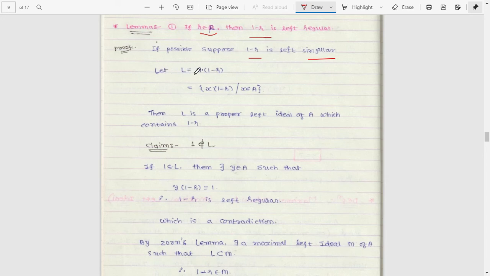Let L be equal to A into 1 minus r, which is equal to x into 1 minus r such that x belongs to A. Then L is a proper left ideal of A which contains 1 minus r. Claim: 1 does not belong to L.